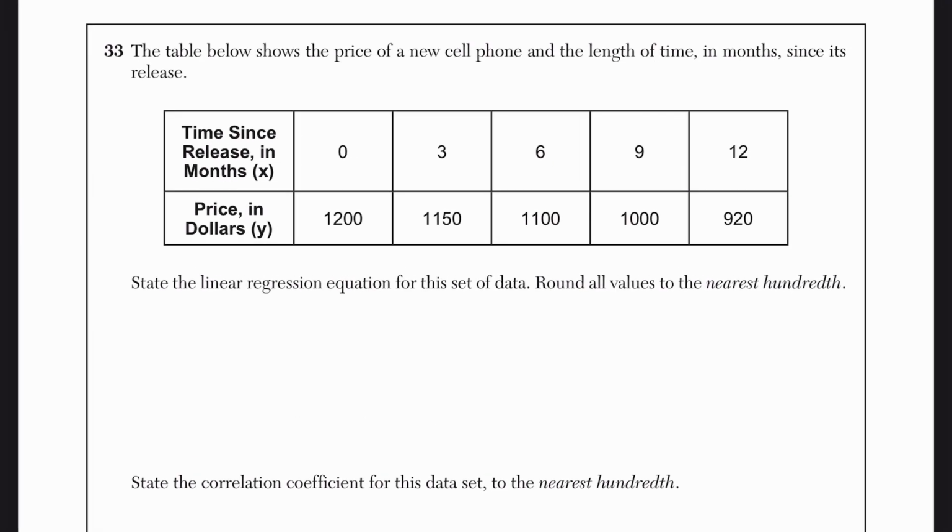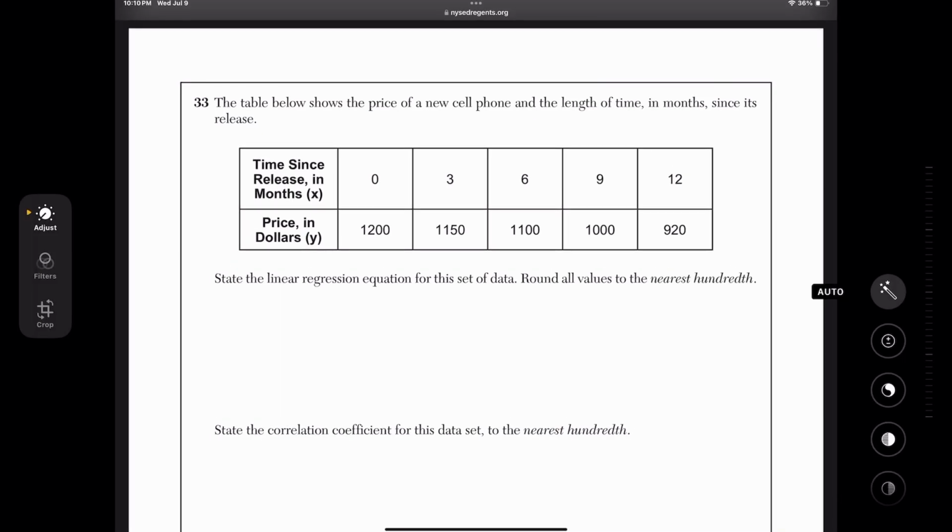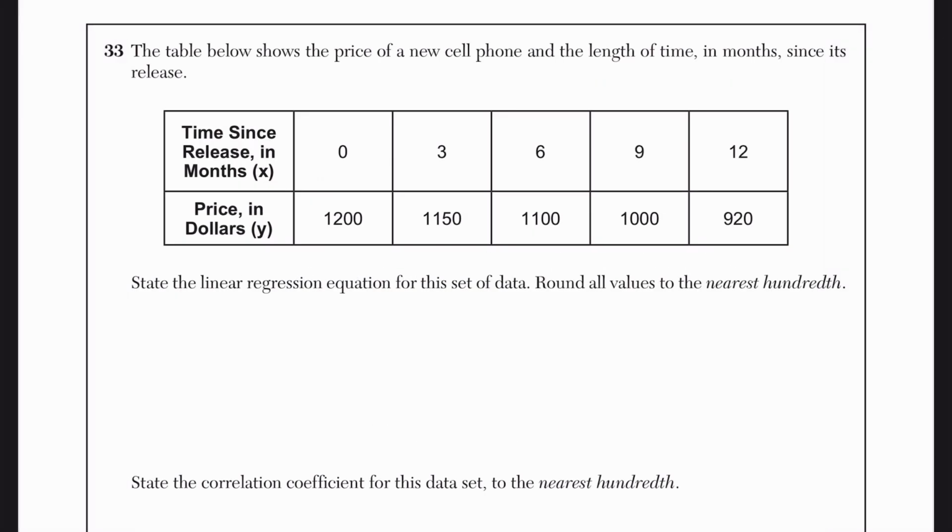Okay, linear regression. Guys, that should be a free 4 points. You just need to know how to use your graphing calculator. So I can write out the steps here. Stat, edit, and don't forget actually in the very beginning when you first get your Regents, you should turn your diagnostic on, which is second 0 for catalog, and then you just scroll all the way down to diagnostic on, and then hit enter, enter, done.